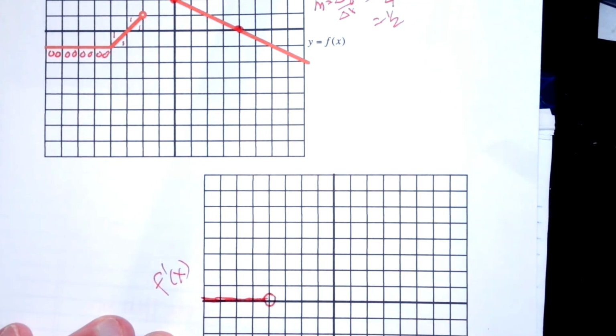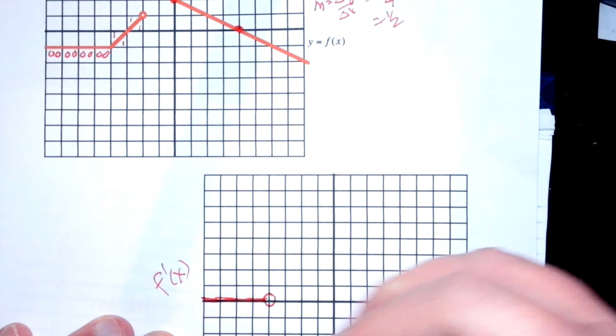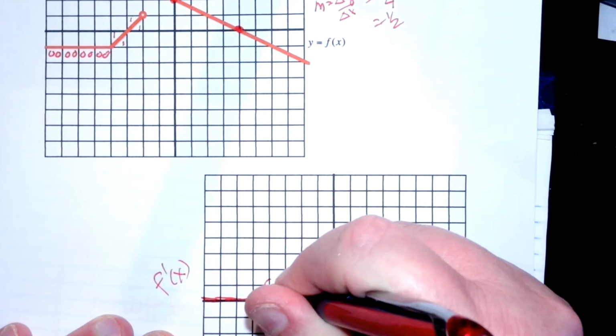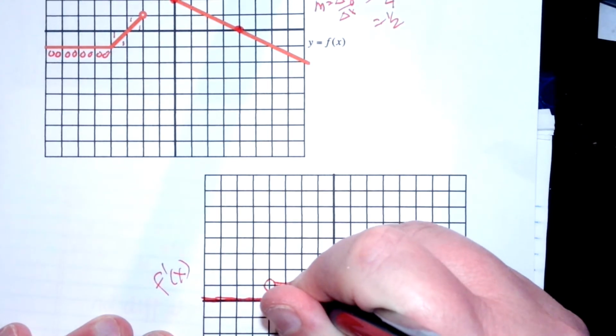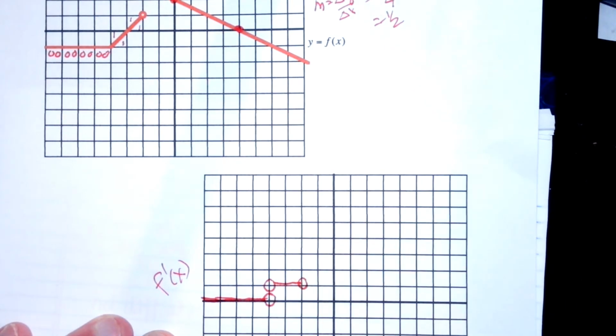All right. Then for 2 more squares, the slope is 1. Notice, again, at -4, this derivative doesn't exist. At -2, it doesn't exist, so I'm leaving holes there.